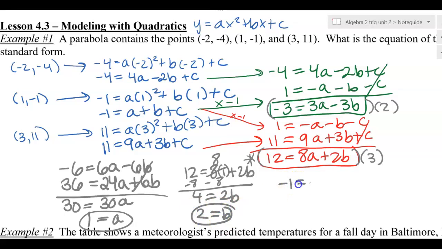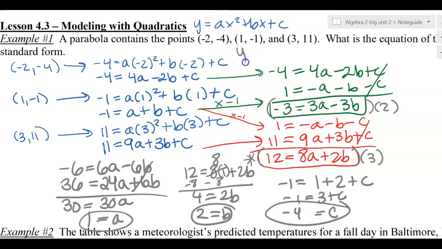And then I'm going to plug them into one of my original equations to find c. So I got that c equals -4. And my answer to this equation, remember what I was trying to do? I was trying to find an equation of a parabola. So my final answer here is that y equals a, which is 1, x squared, plus bx plus c.